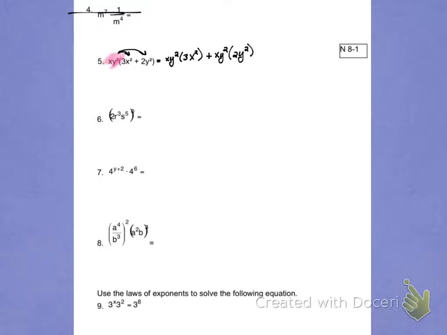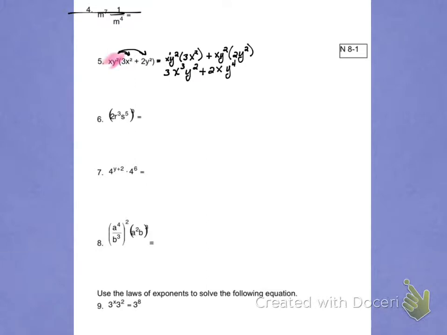Now we'll multiply each of those pieces. So when we multiply these two, we have 3. This is multiplying, so we add the 1 and the 2, and it becomes x to the 3rd, and we still have a y squared, plus, now we have 2x y to the 4th.